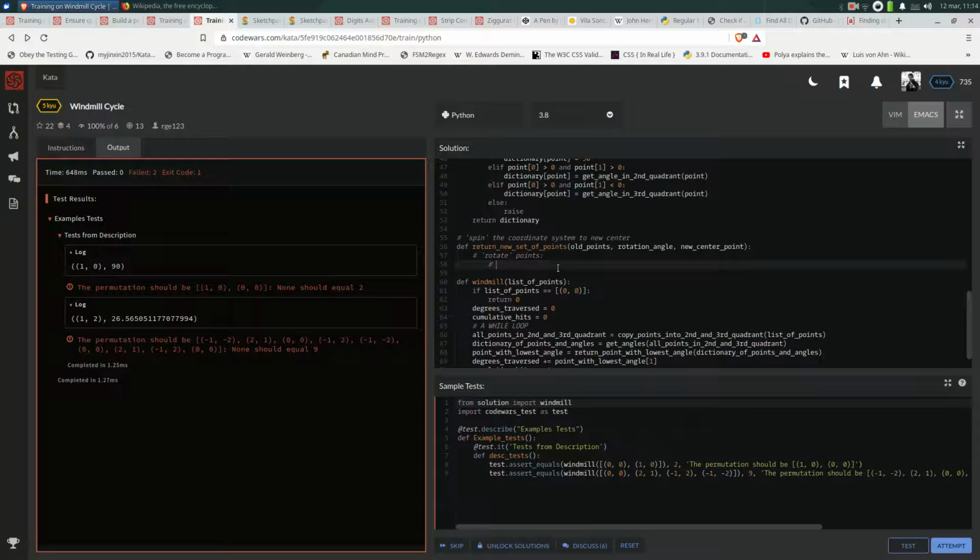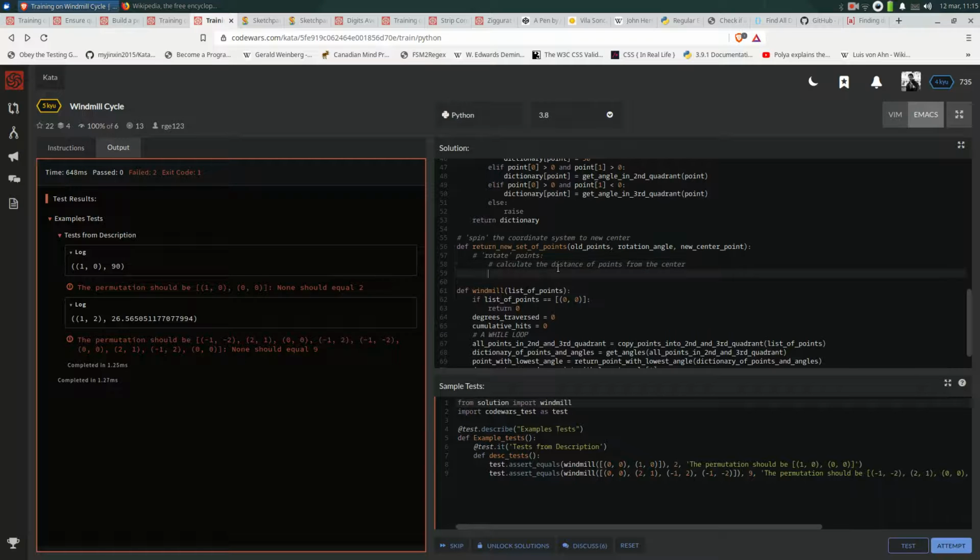So we say calculate the distance of points from the center. That's way.